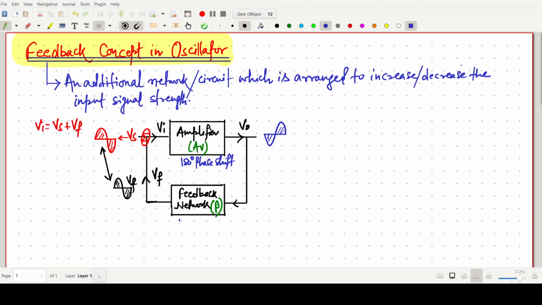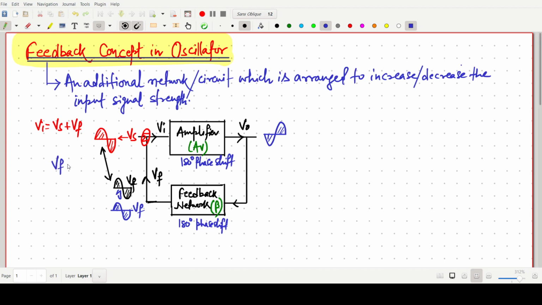Now this feedback network also has the ability of a 180-degree phase shift. It will shift the output voltage by 180 degrees. So this one is nothing but simply the same. Both are having the same sign.